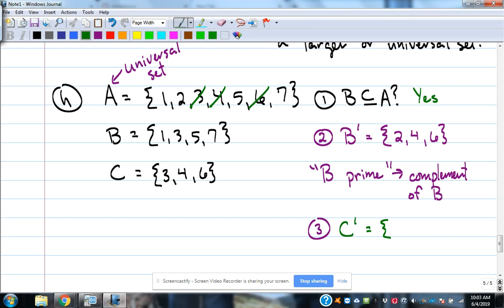What numbers are not marked out now in set A? 1, 2, 5, and 7. So maybe the marking out can help you see the complement of that set. So the complement are the parts of the larger set that are not in that smaller set.